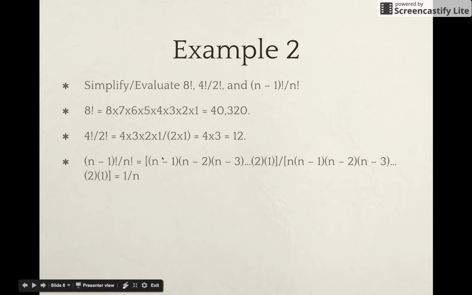There happens to be a lot of common factors here. N minus 1 divided by n minus 1, n minus 2 divided by n minus 2, and so on. And so all of those factors divide to equal 1, with only the n left in the denominator. So it's just 1 over n.